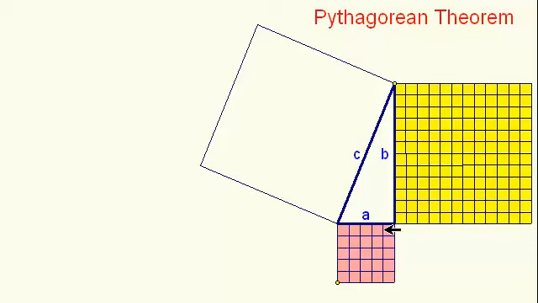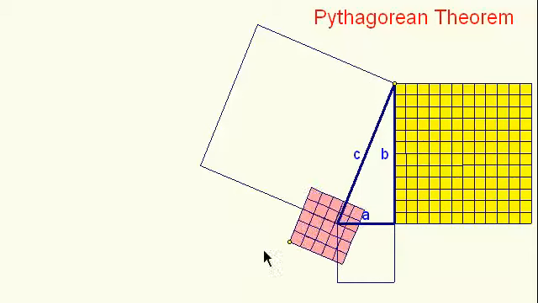It is a square, so this is a 5 by 5 square, and the yellow one is 12 by 12. If you count, these are 12 by 12. So these two squares will completely cover the area of the C square.